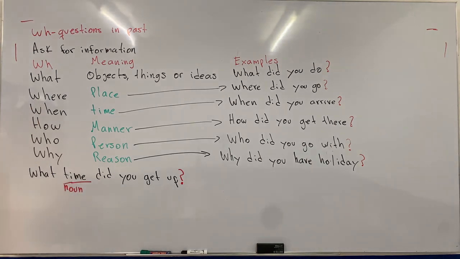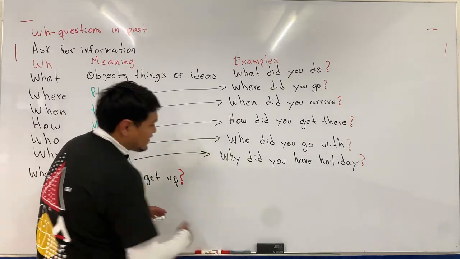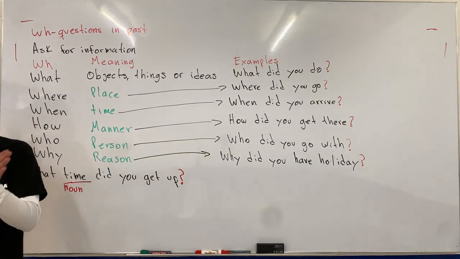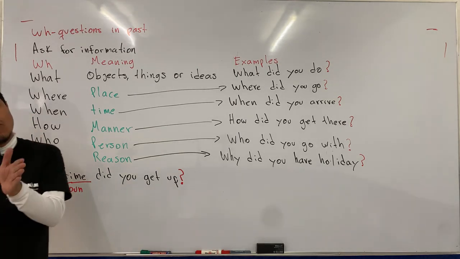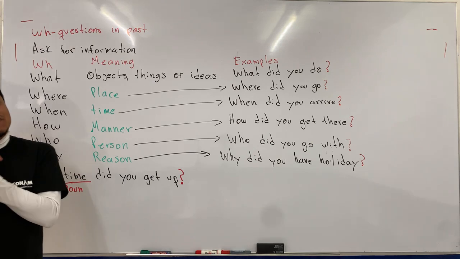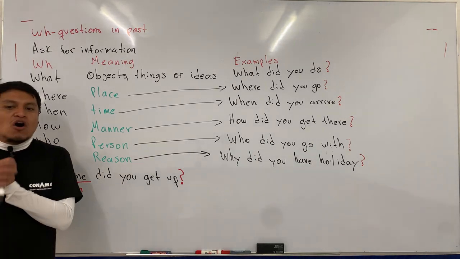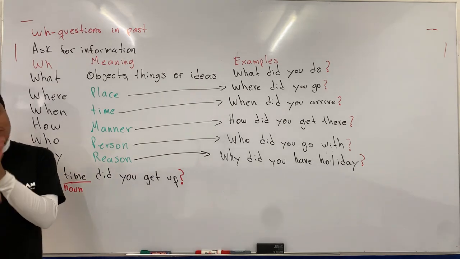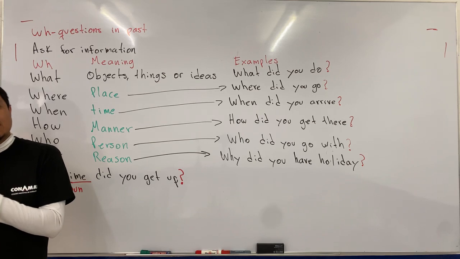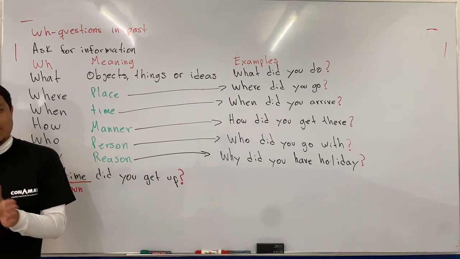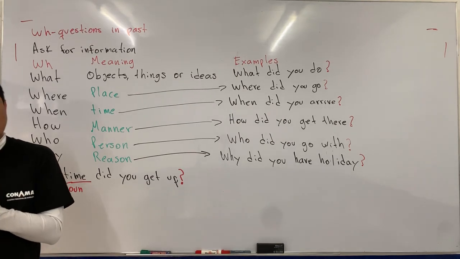All right. The next, in this case, for example, how can also be followed by an adjective or adverb. Repeat. How can also be followed by an adjective or adverb. For example, how big was the house?